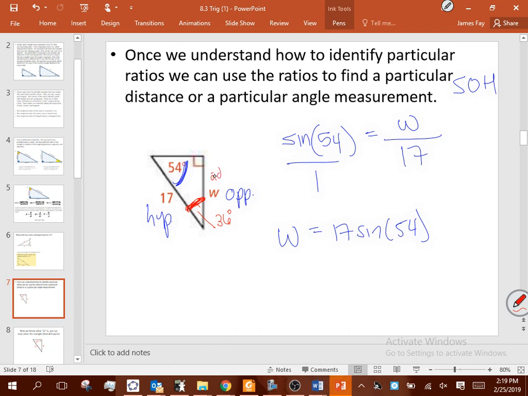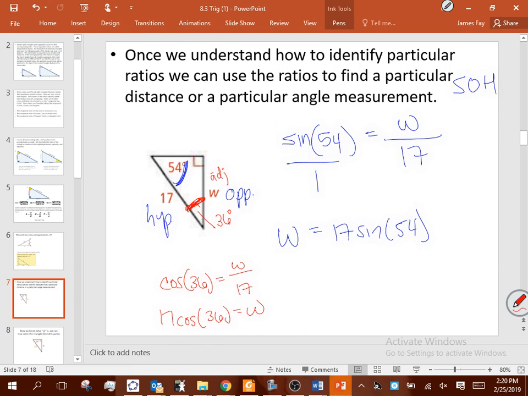It'd be adjacent. So can I say cosine of 36 is adjacent divided by hypotenuse? So can I say 17 cosine of 36? Type that in your calculator. Does that give you the same 13.7 number that 17 sine of 54 gave you?